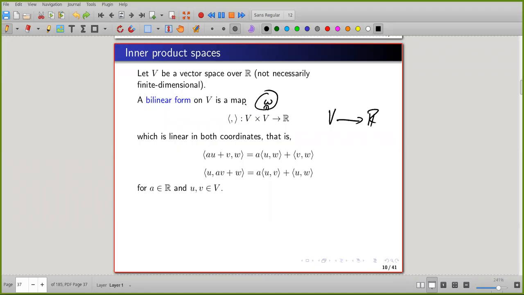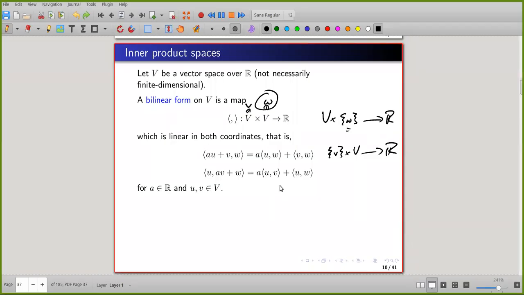Similarly, if we fix any v, then we get a map from V to R by restricting this function, and that function should be linear. This should hold for all w, and similarly for all v.